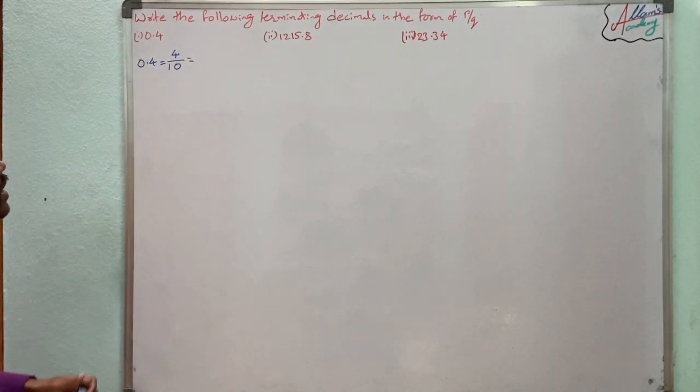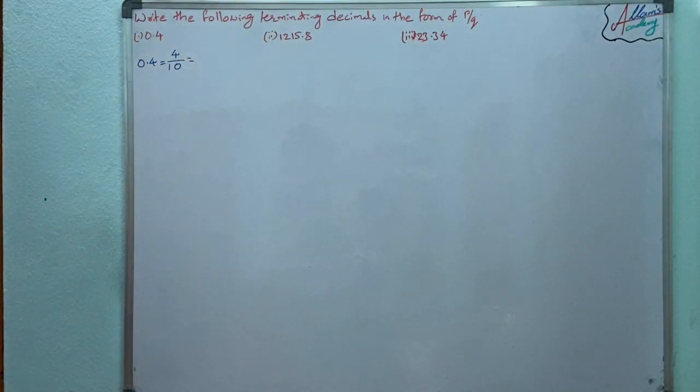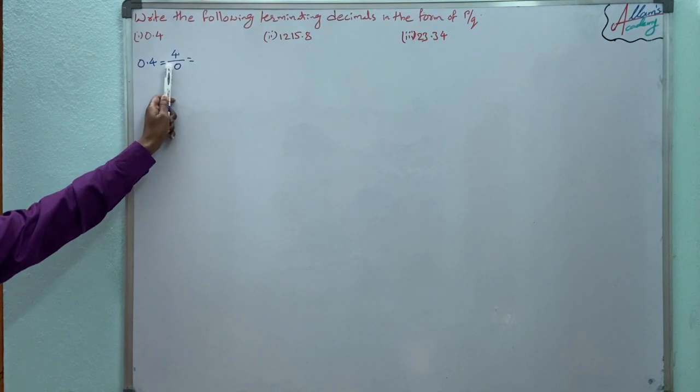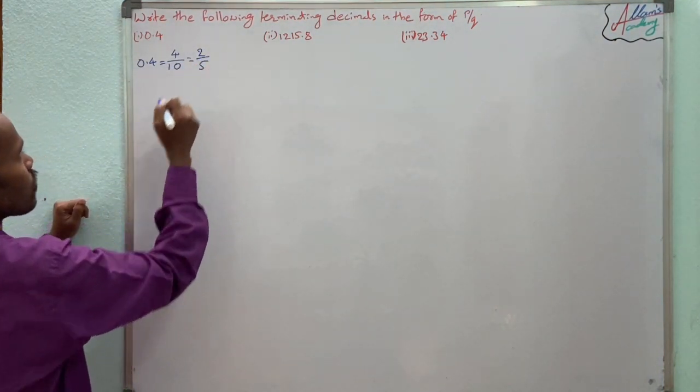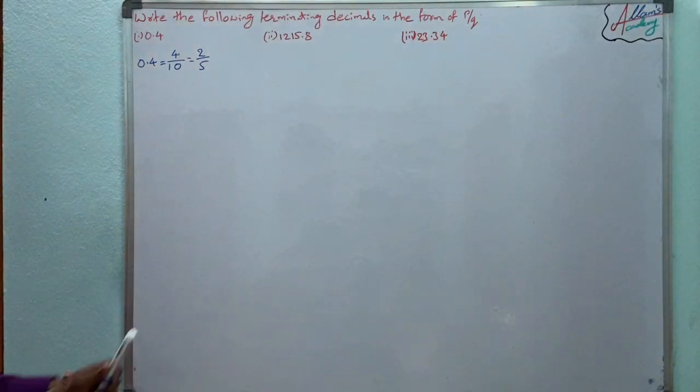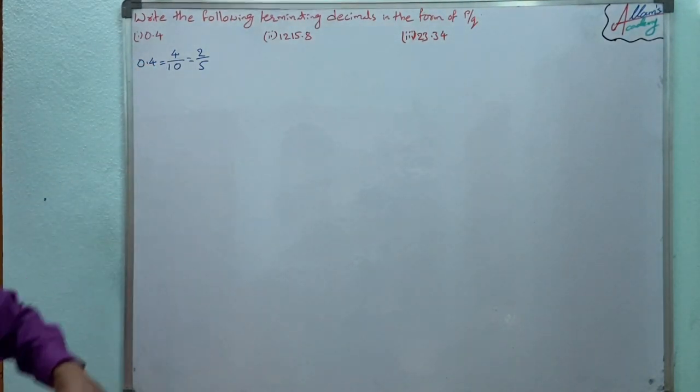Now 4 by 10: 2 twos are 4, 2 fives are 10, so 2 by 5. Now it is in the simplest form, so it is solved.